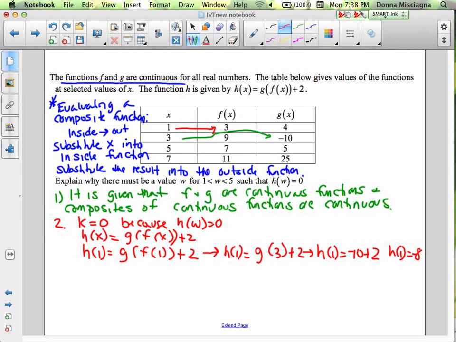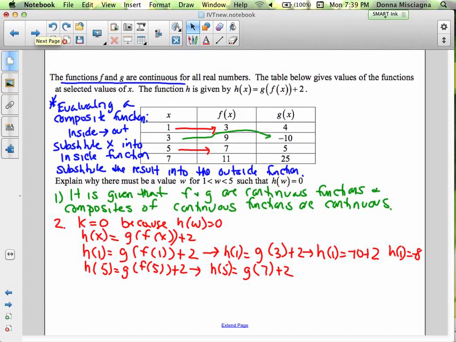All right, so now let's find h of 5. That's going to be g of f of 5 plus 2. So h of 5 is going to be g of, and f of 5 is 7, so we have g of 7 plus 2.